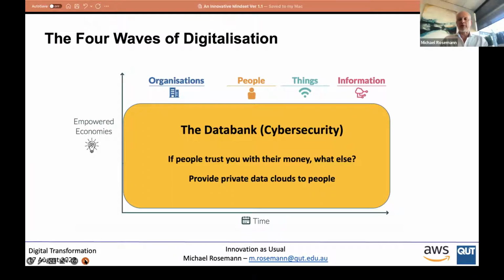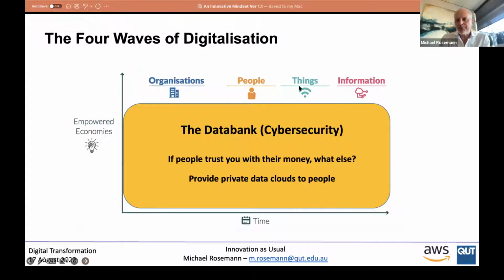Could we provide the private data cloud to people? Could we become the most trusted entity that takes care of all the digital assets that matter to our customers or citizens? And that's, of course, fueled by the new capability called cybersecurity.